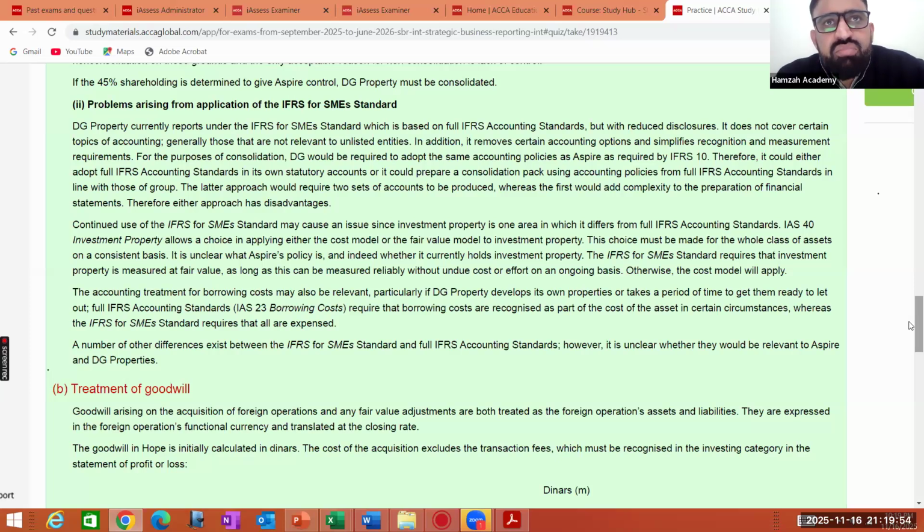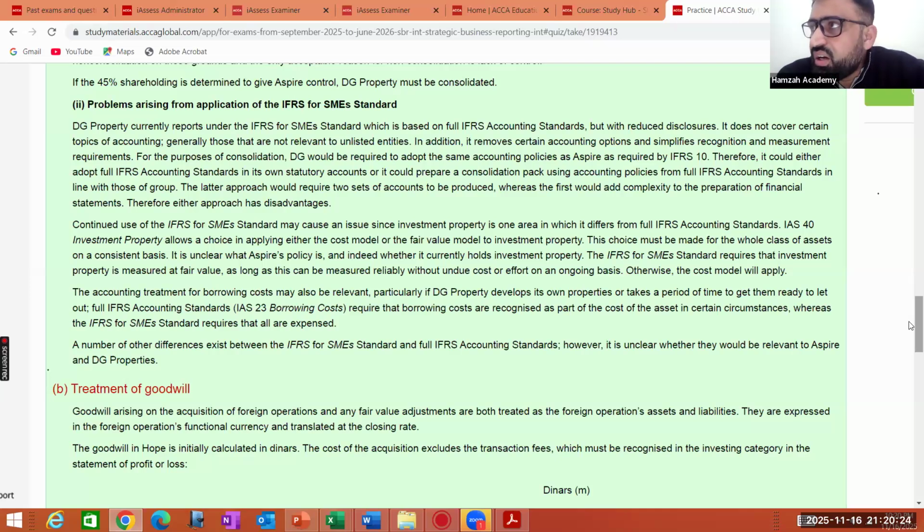Normally, the IFRSs which we use for SMEs have been given some relaxation. If an SME wants to use, let's say, IAS 16, then there will be some relaxation. For example, in IAS 16, revaluation gain is recorded in other comprehensive income, but for SMEs we allow them to record it in the profit and loss account, and in many other areas.